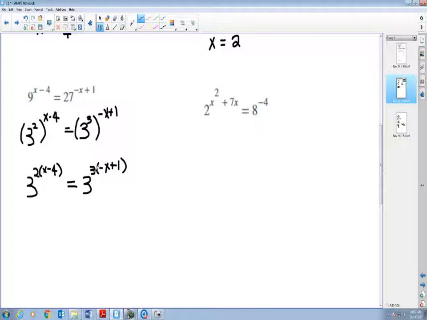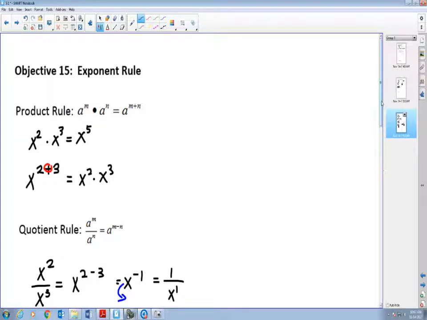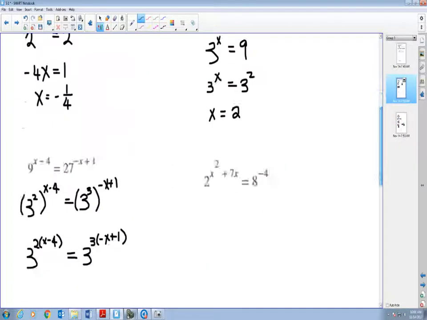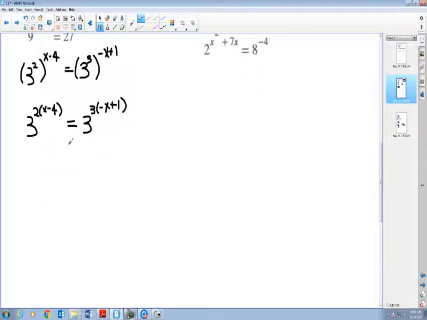Remember, right now I'm writing this as multiplication. I'm not writing this as negative 3x plus 3 in the exponent. If I do that, then I can rewrite them into something like this, but I don't need to do that. I don't want to have any more bases than the 2 I have, because I know when the bases are the same and the bases are equal, I can simply set their exponents equal to each other.